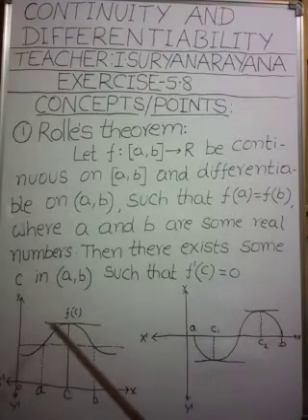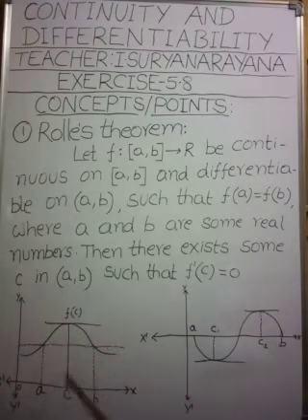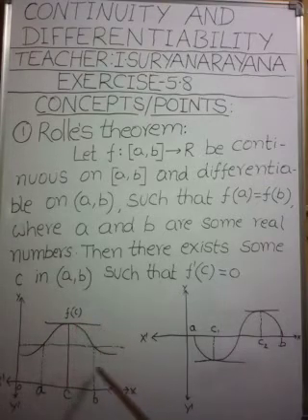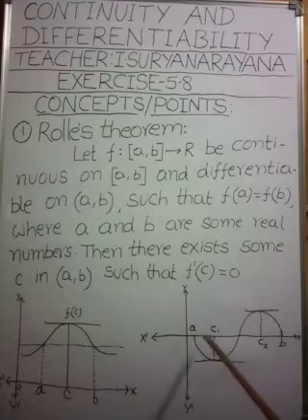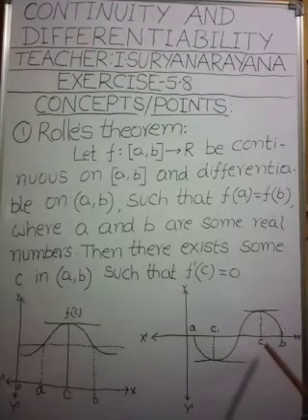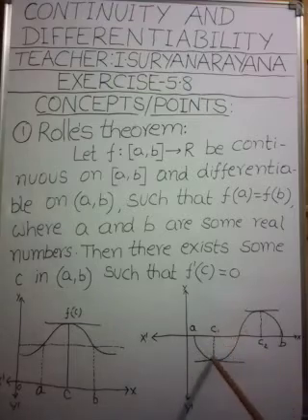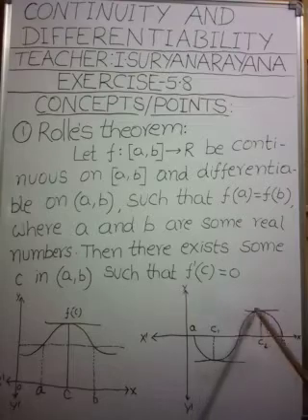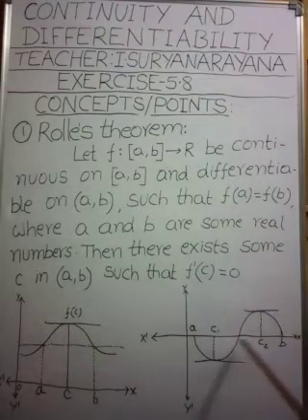In the earlier case, we got only one real number at which the tangent is parallel to the x-axis, whereas here we can find two values, namely c1 and c2. If we draw tangents at these points on the graph, the tangents are parallel to the x-axis.